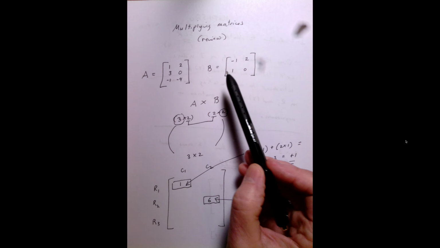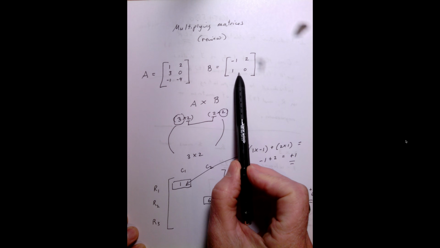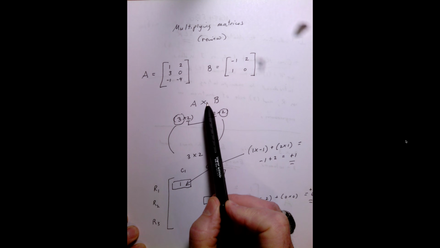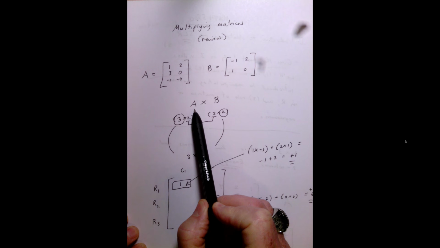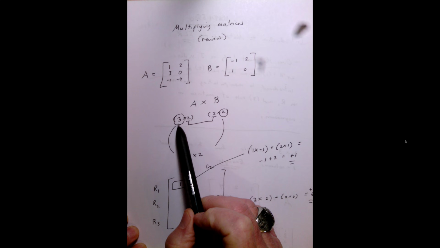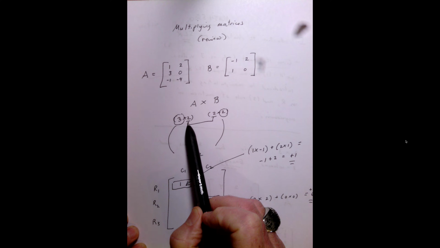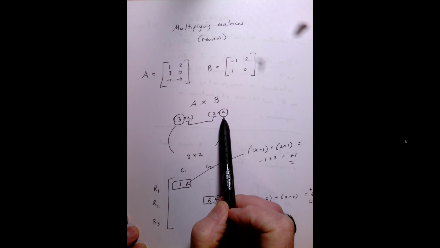So multiplying matrices, just as a review, I've created 2 matrices here. The first thing, if we're going to multiply 2 matrices, is we have to make sure that they can be multiplied. The way I do this is I look at the size of A, which is a 3 by 2. I look at the size of B, which is a 2 by 2.